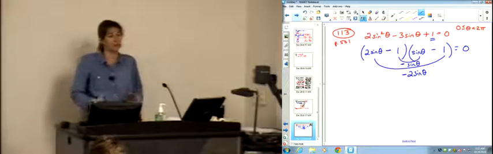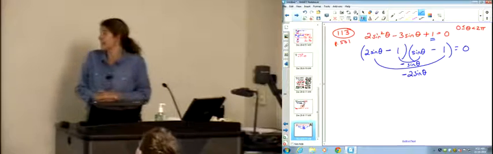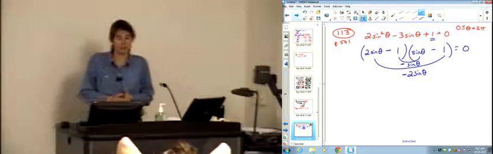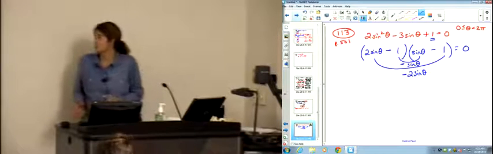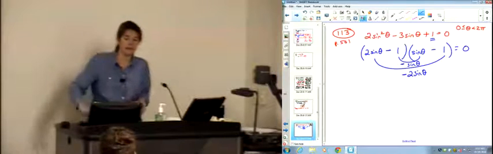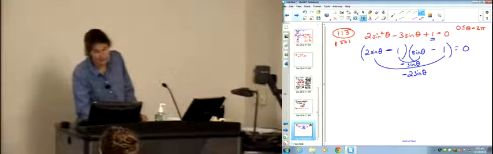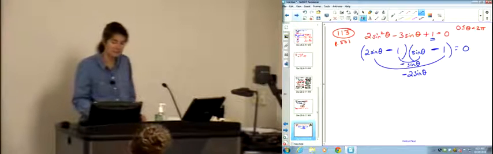Together, a negative 1 sine theta and a negative 2 sine theta give me that negative 3 sine theta that I needed in the problem. Another thing we notice, just to make sure, is that last term had to be a plus 1. And if we've got negative 1 times negative 1, we get that plus 1. So that all works out.